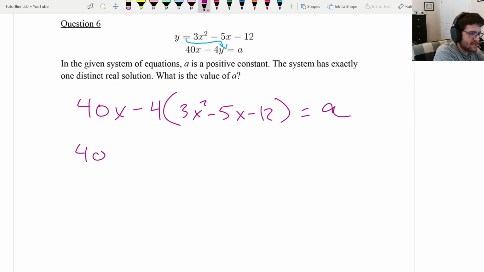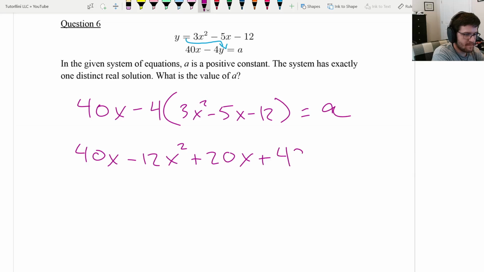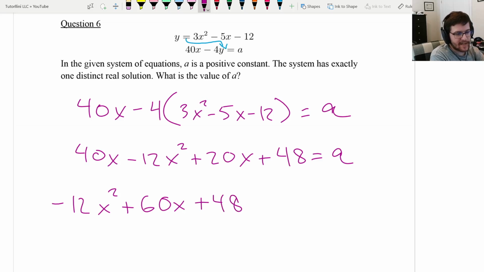Okay, so we get 40x minus 12x squared plus 20x plus 48 equals a. And now I'm just going to rearrange this stuff. So negative 12x squared, 40x plus 20x is 60x. And then I get plus 48. And then I'm going to subtract the a over to the other side. Minus a equals 0.